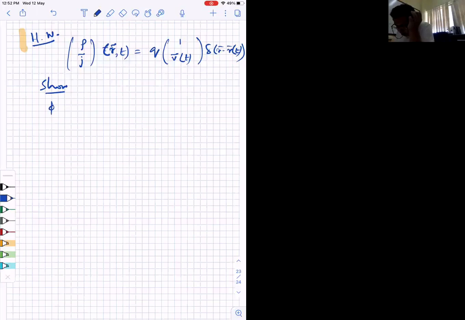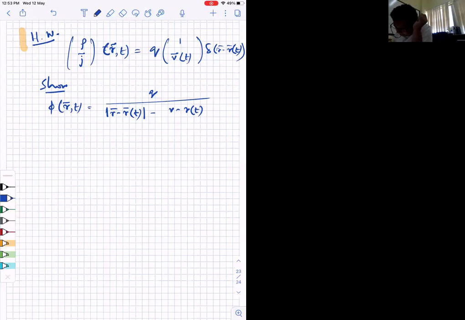For that, show, it is a very easy problem, that my phi of r, t is equal to q divided by the magnitude of r minus r of t, evaluated at some t prime actually, and your A of r, t is the corresponding expression with v of t prime by c.